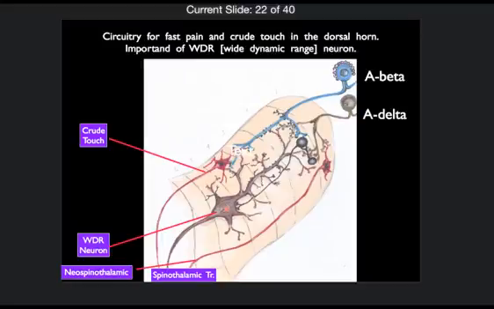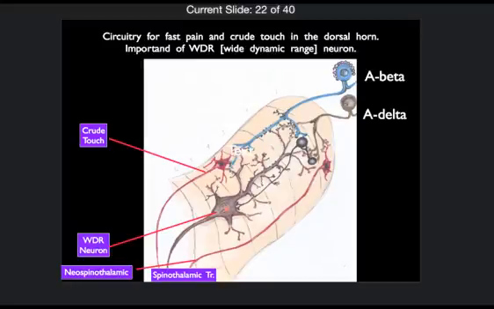But what the WDR does is it has a heavy ramification of its dendrites into the upper levels. So if A delta comes in, which is a pain conductor, a nociceptive conduction, it will activate an inhibitor of an inhibitor, which is what? Disinhibition. So it's excitation.